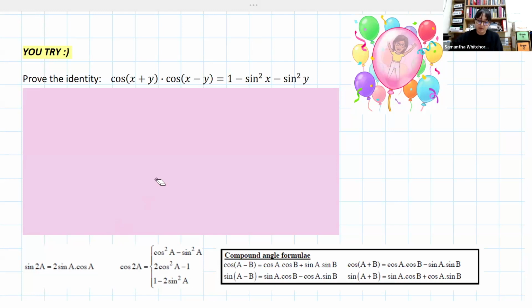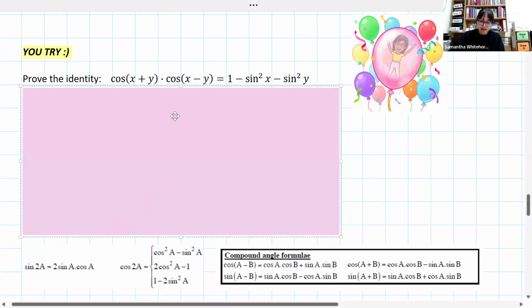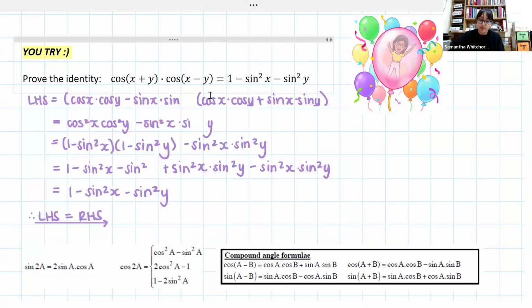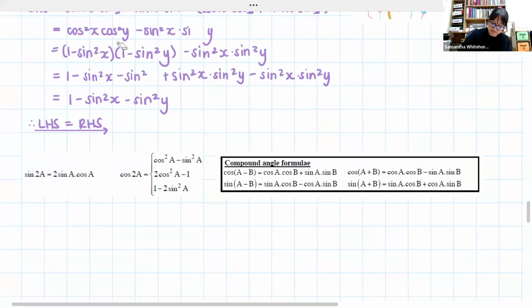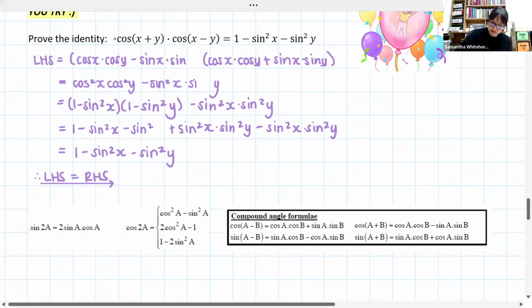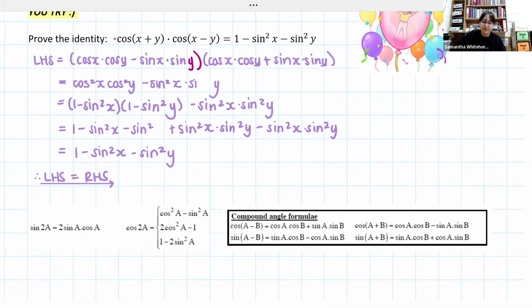Okay, let's have a look. So like I said to you, the key here is that you can see that there's a compound angle situation going on here. There seems to be some things missing, just strange, but that's fine. So you've got compound angle formulas that you can apply here, because on the left-hand side, those are compound angles.